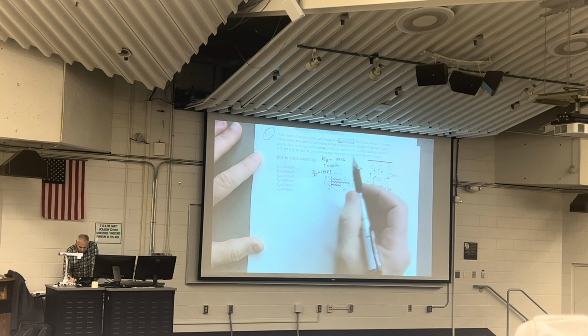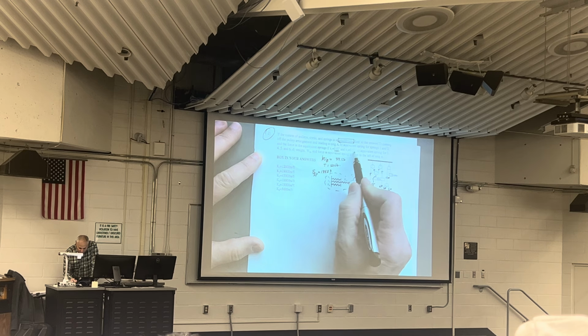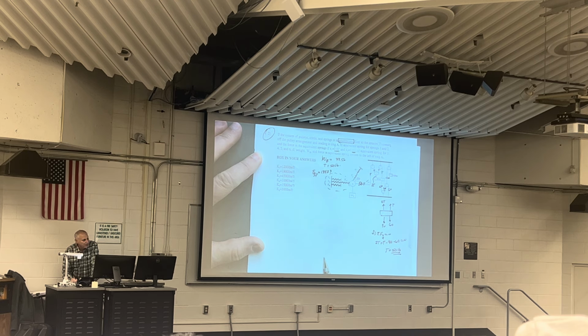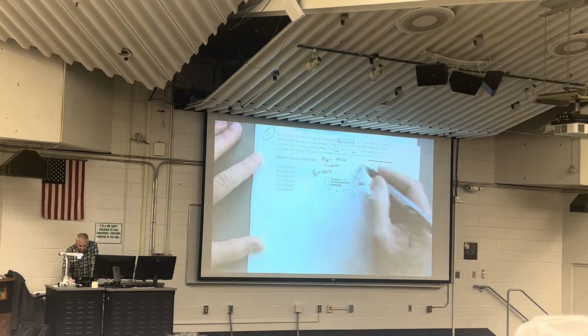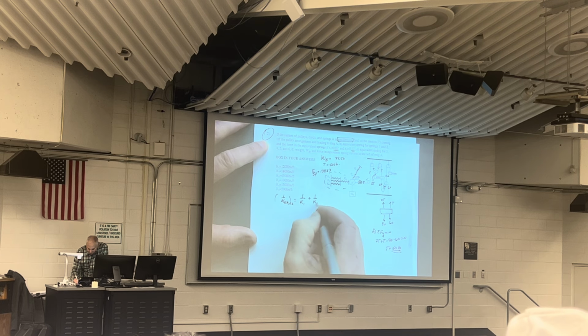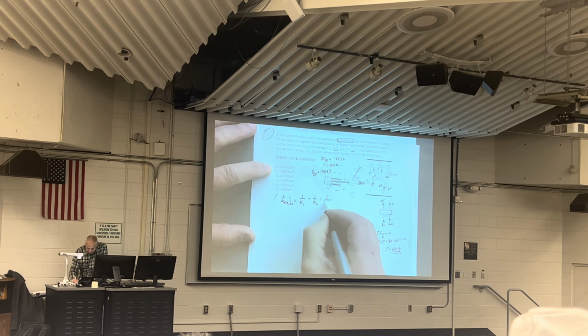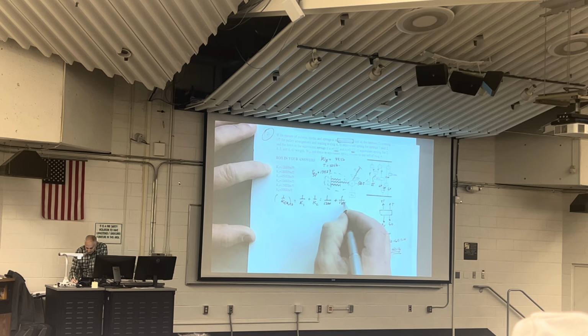Well, if you look real closely, it says that spring 1 is deformed 0.02, spring 2 is deformed 0.11. Can I get an equivalent spring? Yeah. So I'm going to say 1 over K equivalent, 1, 2 is 1 over K1 plus 1 over K2. That's 1 over, K1 is 1200 plus 1 over K2 is 1800.